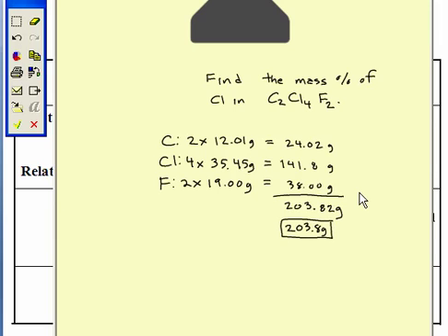So this is the mass of 1 mole. That's my molar mass. And then in this compound, my chlorine made up 141.8 grams. So here's my mass of chlorine in my total molar mass. I'm going to divide this by this and multiply by 100%.